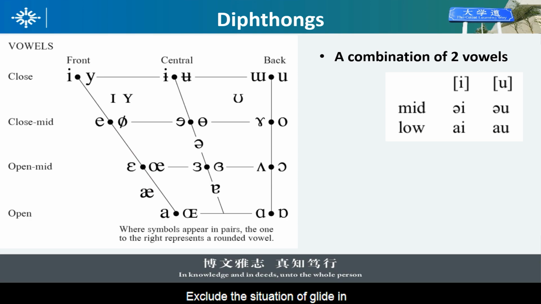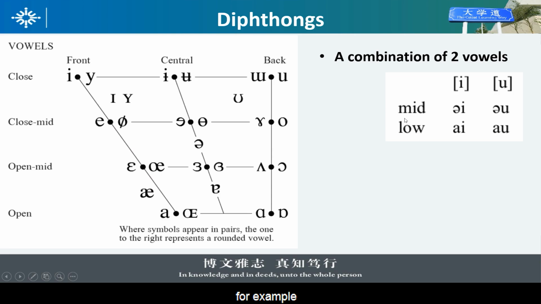Exclude the situation of a glide in front, yu. But we're talking about, besides that, the other parts that contain two vowels. This situation contains two cases: either the diphthong ends with i or with u. Examples are shown here.